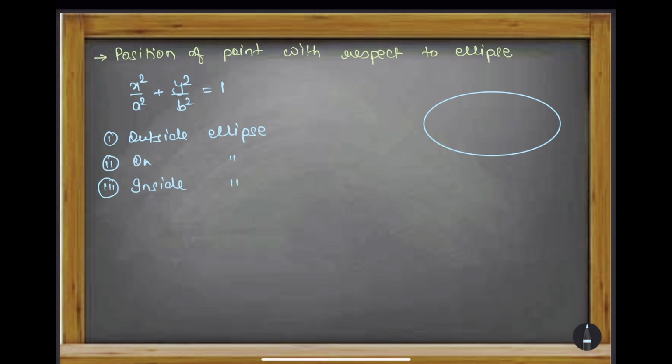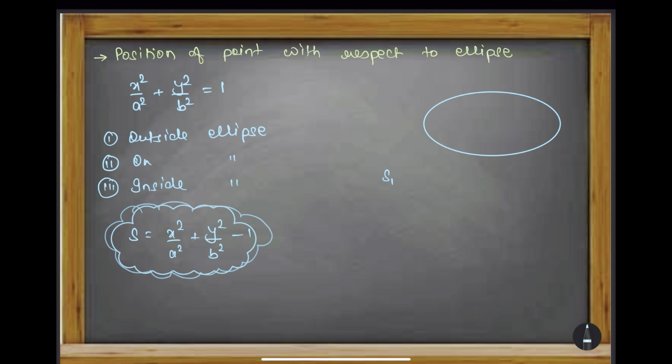So how will we respond? In the previous session you have handled S1. So if you talk about S1, S1 is what? Point satisfaction. So who is S? S is this curve, x square by a square plus y square by b square minus 1. I'll be giving you one point, and you have to satisfy that point in this equation.